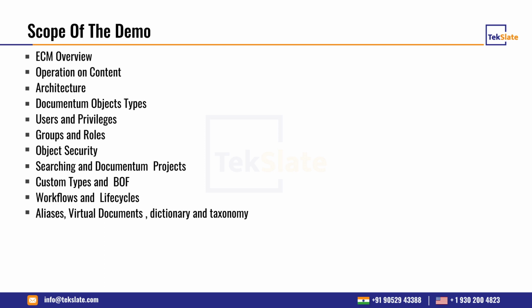To complete the session, there will be a dfc.properties file on both the application server and the content server. Based on the dfc.properties file, it identifies the docbroker, and once the docbroker is identified, it automatically populates the repositories that are installed with Documentum.